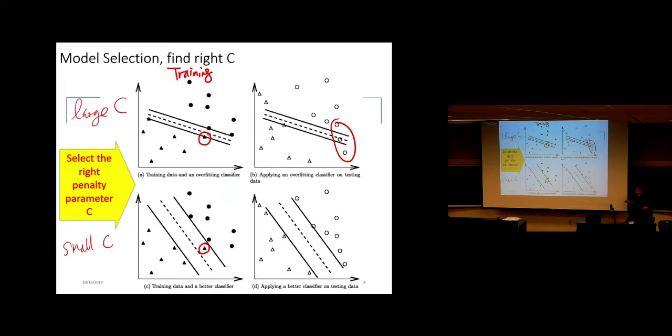If you allow that point to be wrongly predicted by using a small C, your margin is actually much larger. It has better generalization, a good region or band to separate the two classes, and hopefully it can generalize better on the testing data.